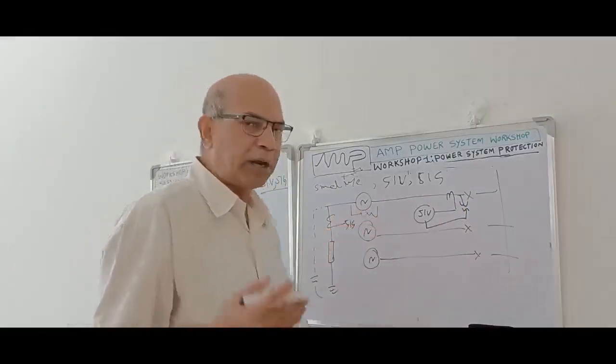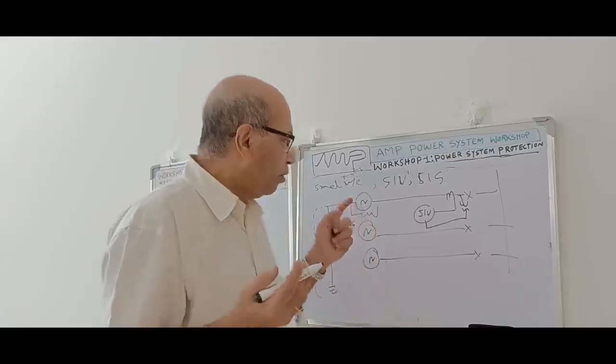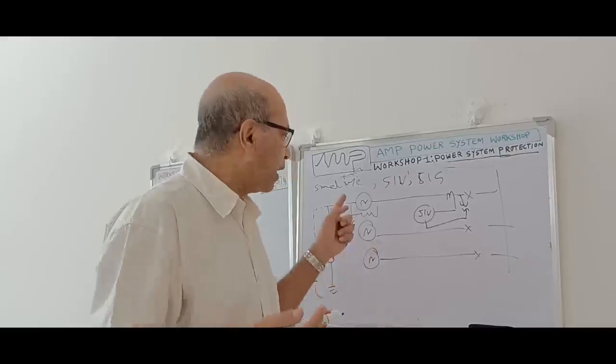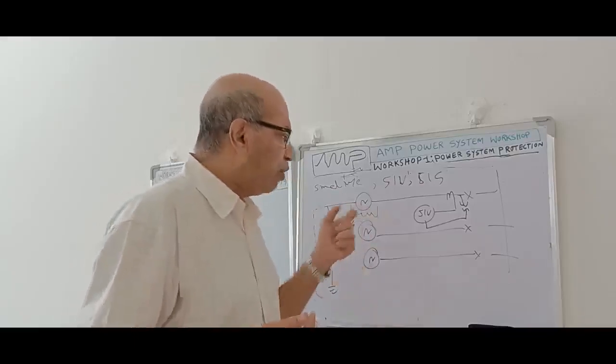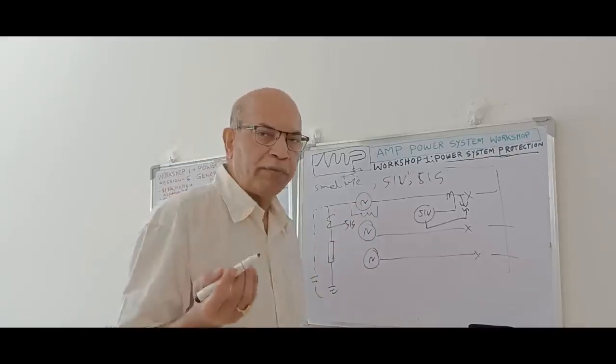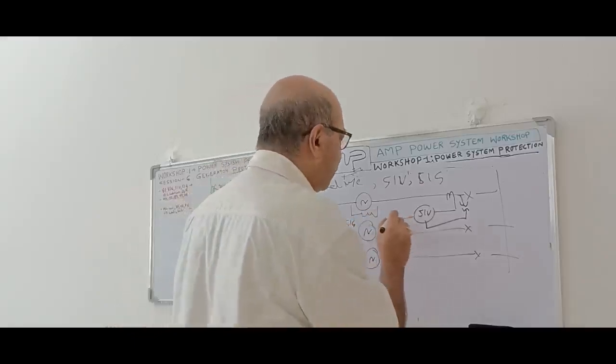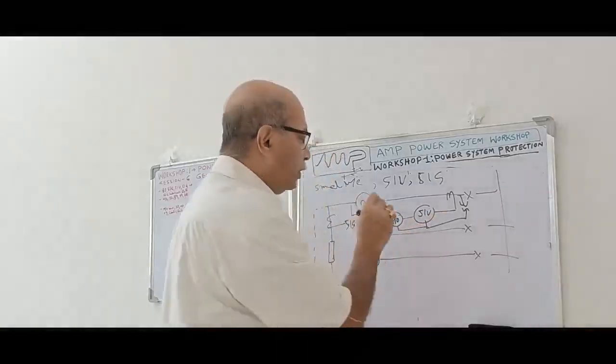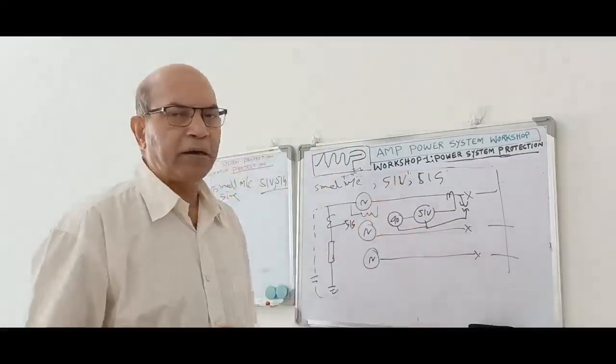Another issue is that in the rotor, slip frequency current will be generated, and the machine will be running at over-synchronous speed, that is, it will be running as an induction generator, so it will cause heat in the machine. So we have to give a loss of excitation protection, that is the 40. 40 also needs the PT supply. So this is one of the protections required in case of parallel operation.